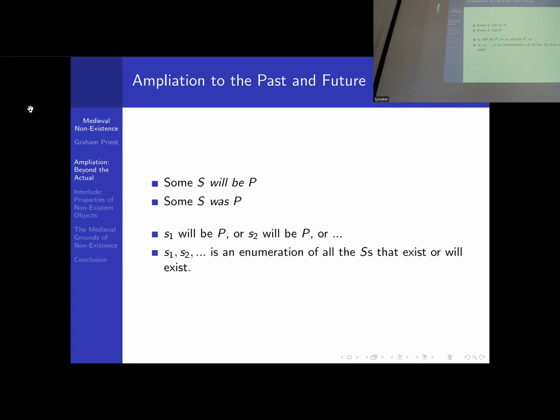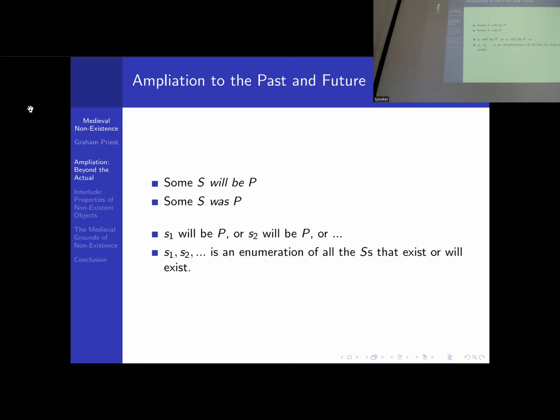So some man will be dead. That some man could be a man who exists now or a man who exists in the future. Okay, that's why you need the enumeration to enumerate over things that now exist or will exist. And the medievals had a very robust sense of existence. To exist is to exist now.